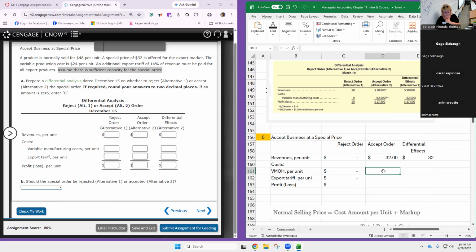So now we're going to look at, all right, the variable costs are $24. The export tax is 14% of the revenue.